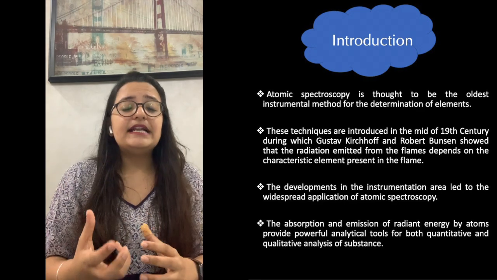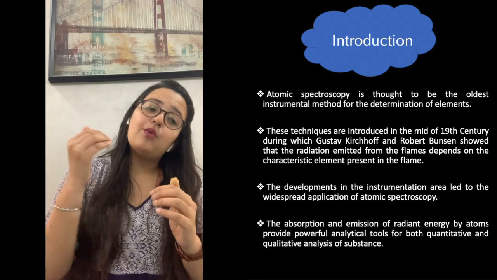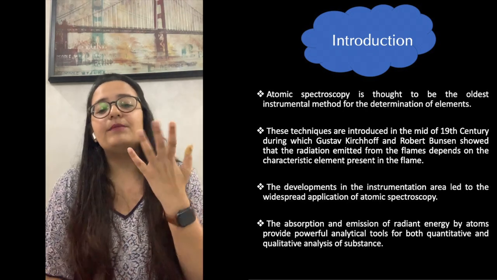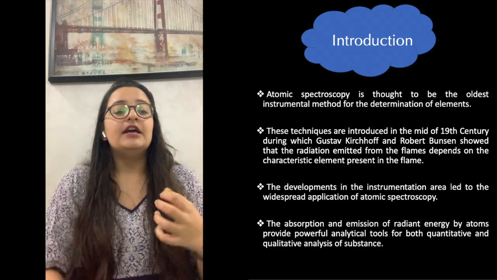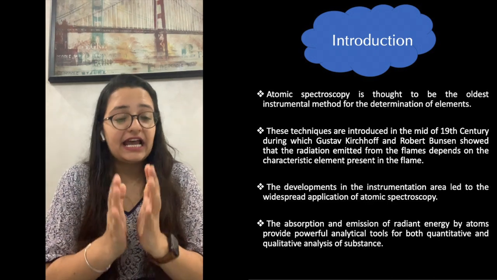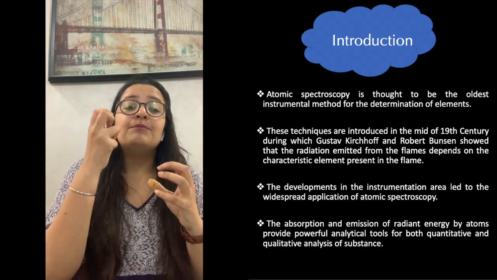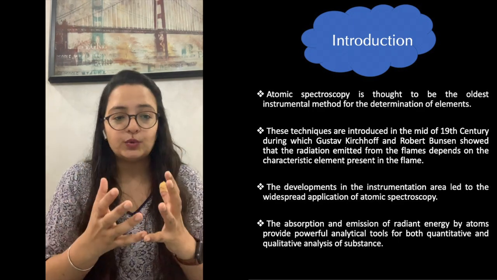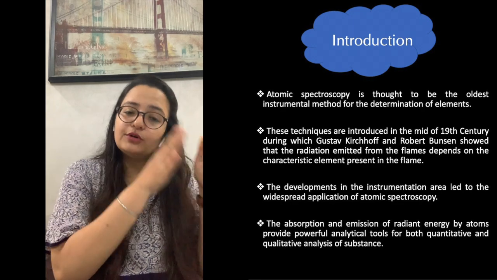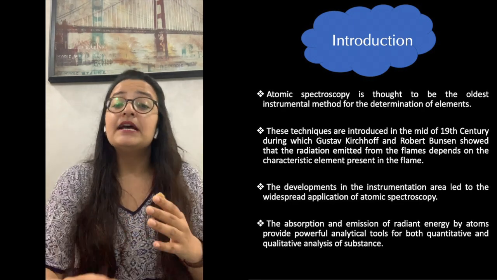The developments in instrumentation led to the widespread application of atomic spectroscopy. The absorption and emission of radiant energy by particular atoms provide powerful analytical tools for both quantitative as well as qualitative analysis of substances.